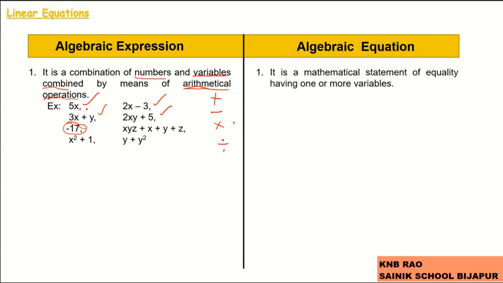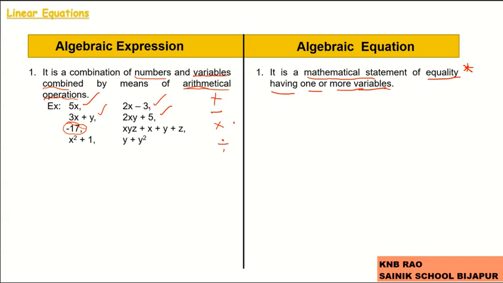What is an algebraic equation? See, an algebraic equation is a mathematical statement of equality having one or more variables. This is very important: it is a statement of equality.